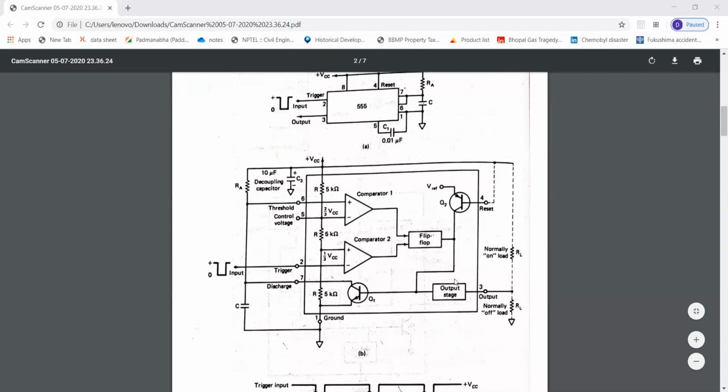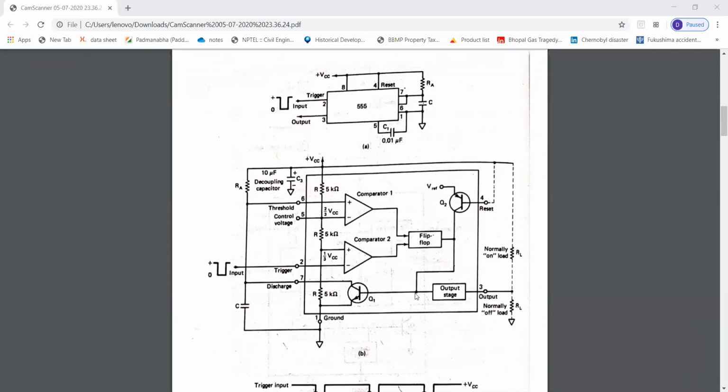Whenever the output of the flip-flop is 1, the transistor Q1 is turned off and the short circuit across the capacitor is released, and at the same time, because of the logic 1 output of the flip-flop, the output of the timer is also high.